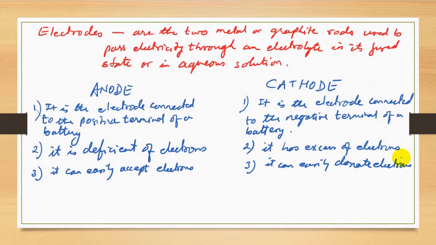That means it gets discharged. Okay. So the fourth point is that one. Number 4, anode. What will come towards anode? Anions are discharged at anode.